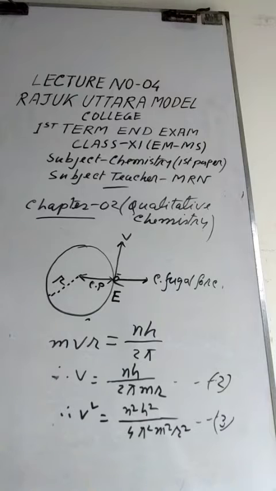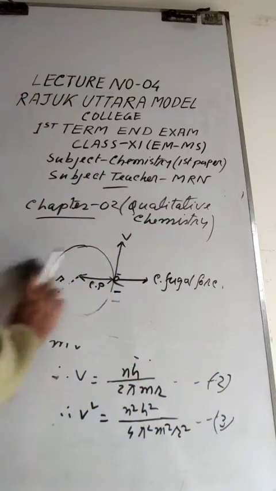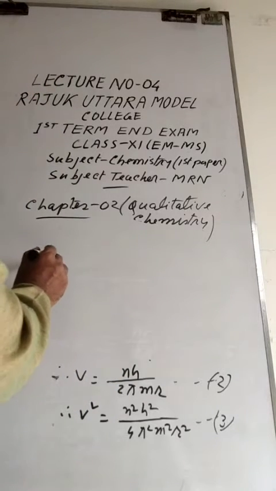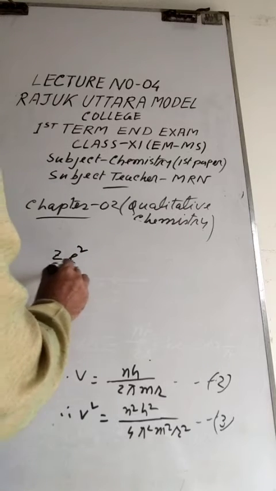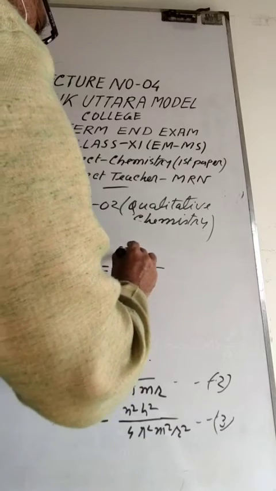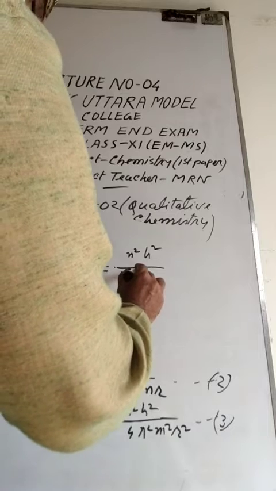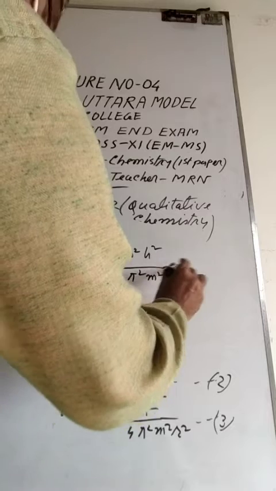Now from equation number 3 and number 1 we get Z square by mr equals n square h square by 4 pi square m square r square.